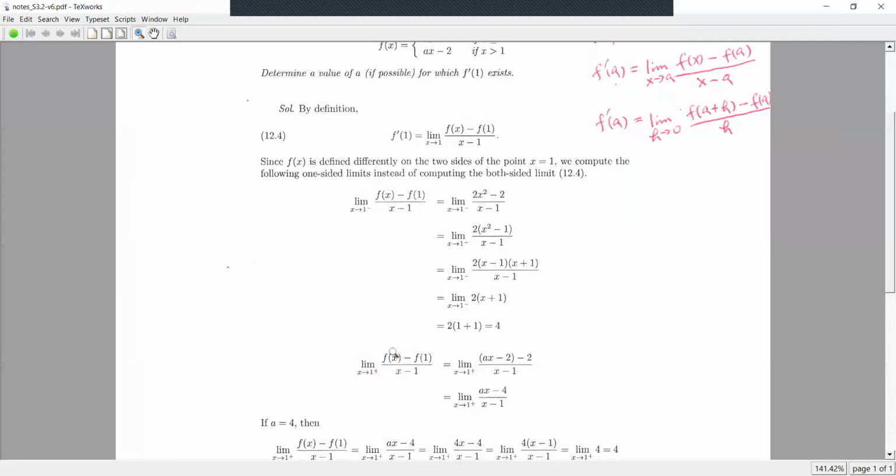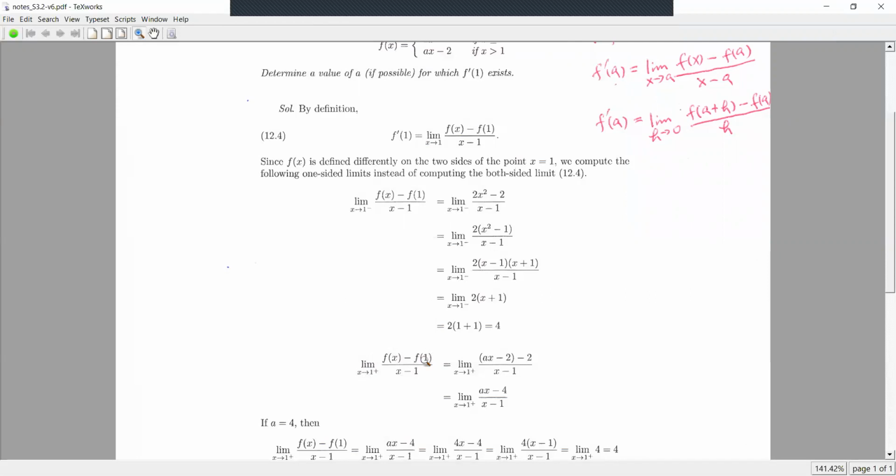Now compute the right-hand side limit at the point 1. X approaches 1 from the right side. When x approaches 1 from the right side, x is greater than 1. But when x is greater than 1, the function is ax minus 2.